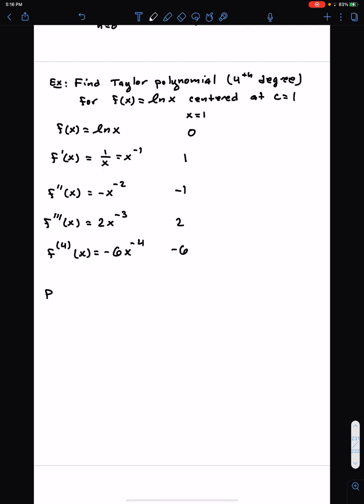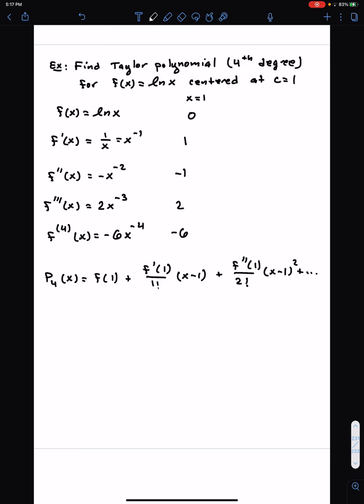So the polynomial of fourth degree is equal to f of 1 plus f prime of 1 divided by 1 factorial times x minus 1 plus f double prime at 1 divided by 2 factorial times x minus 1 squared, and so on.